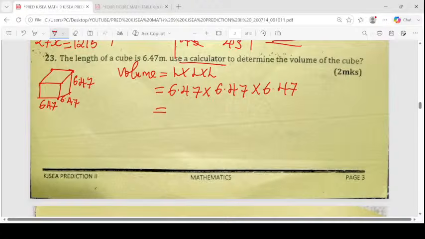We are going to get 270.840023 cubic meters. That is the volume of that cube in cubic meters. I hope that has well been understood by my learners.